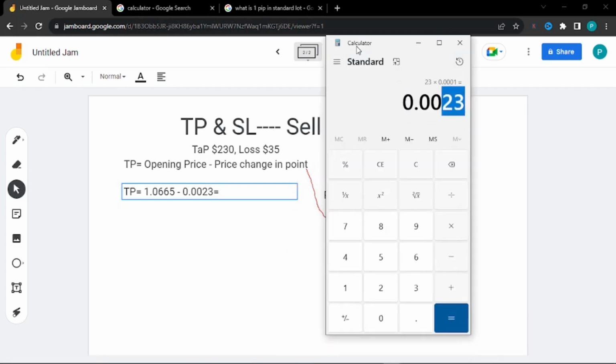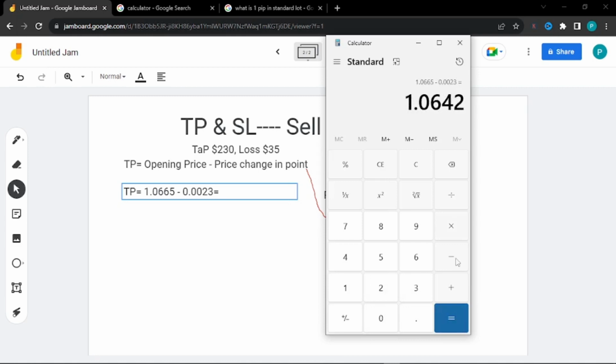So your answer here will be 1.0665 minus 0.0023.